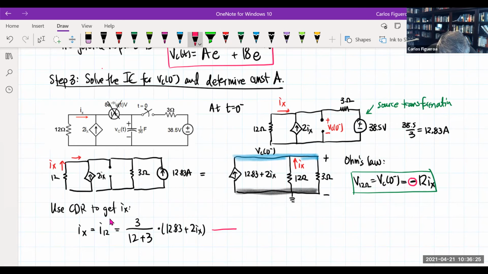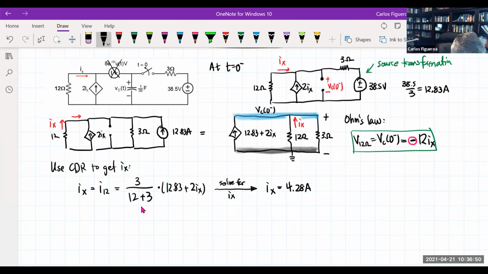So if I solve this, I'm going to go to my notes. I'm not going to try to do this mathematically. So now I need to solve for IX. So if I get this for IX, solving this algebra equation, I get a value of 4.28 amps. Now that I got that, here's my initial condition.